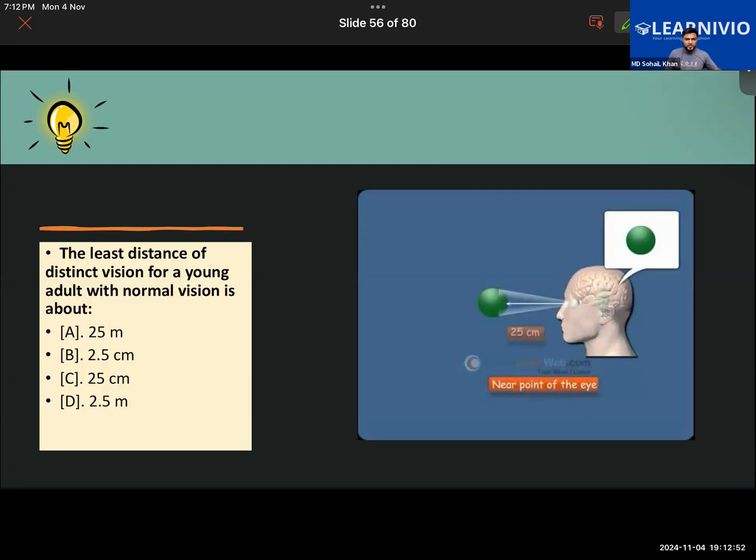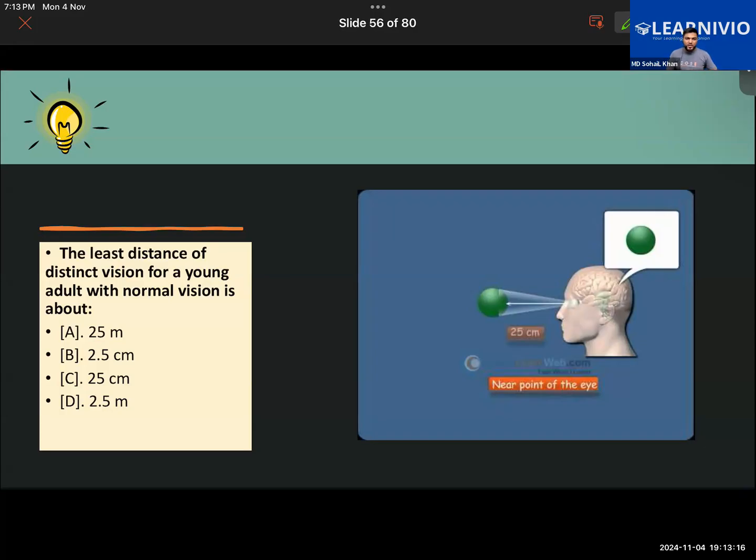Particularly, there's a limit to the length up to which we can see objects sharply. A normal human eye can see an object sharply when it is kept at a distance of about 25 centimeters.